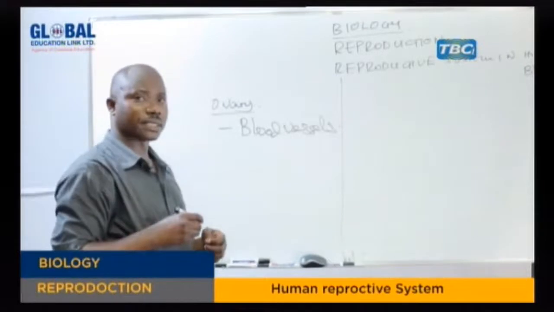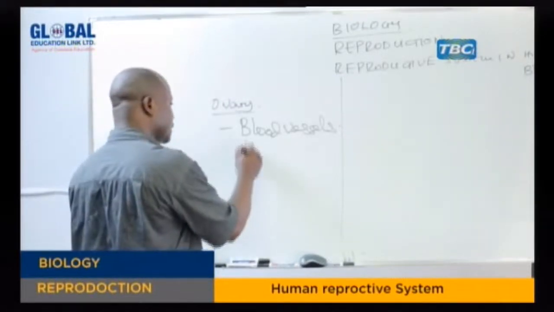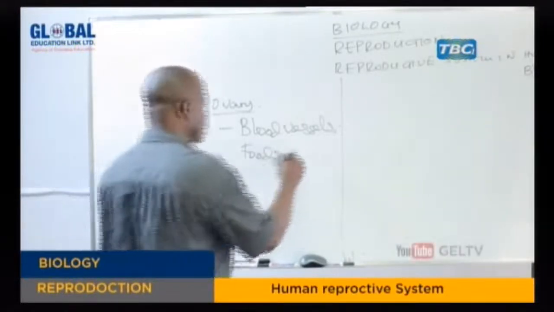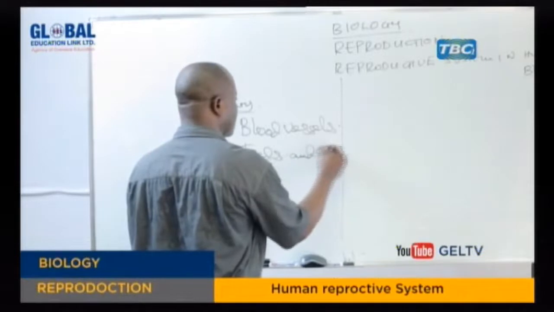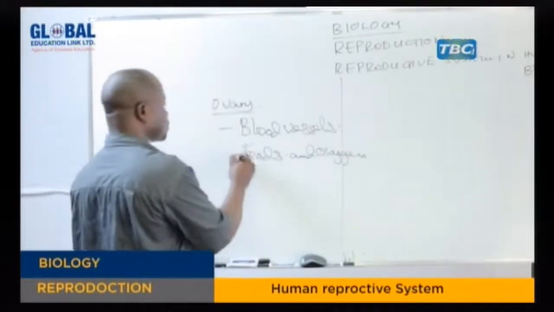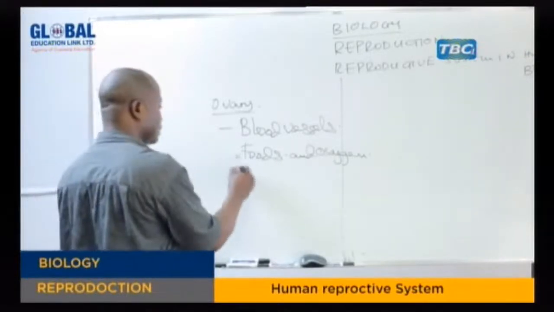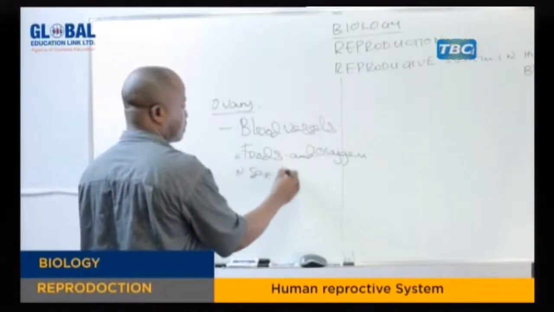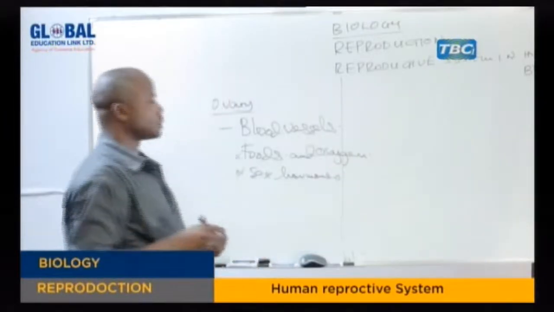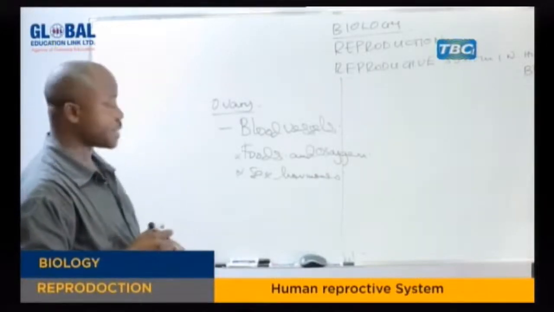These blood vessels serve two functions: they transport food nutrients and oxygen, but also they transport sex hormones to the site of female gamete production.